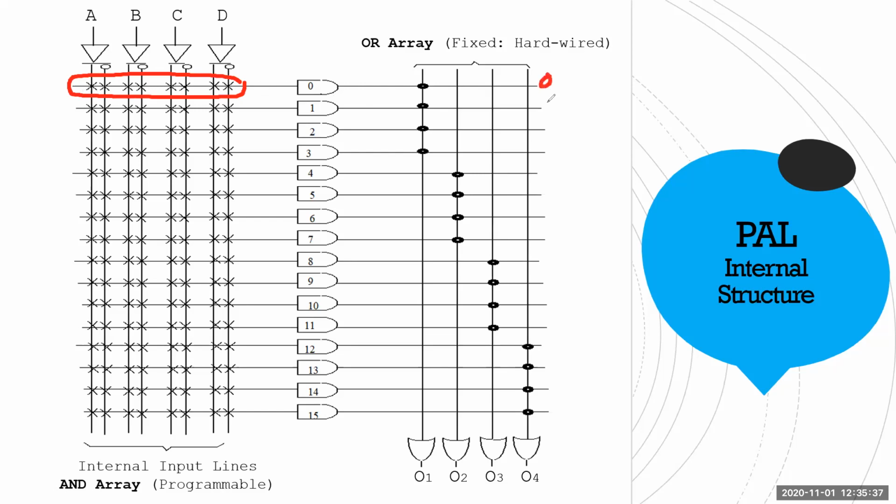Now, by default, the result is 0. All the results are 0. Why 0? Do you know why 0? Because A is connected. Here you can see A is connected. A bar is also connected. So if you multiply A into A bar, what is the result? 0. So all the results of the AND gates are 0. That means if this 0 plus 0 plus 0 plus 0 is added in this OR gate, the result will also be 0, right?